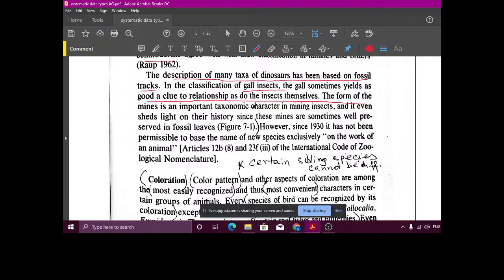They form mines. The formation of mines is an important taxonomic character in mining insects. Mining means they make holes in the leaves. By seeing the pattern of the hole, two insects can be said to be close. If both insects make the same type of hole, then they belong to the same group. If they make different types of hole, they can be of different groups.